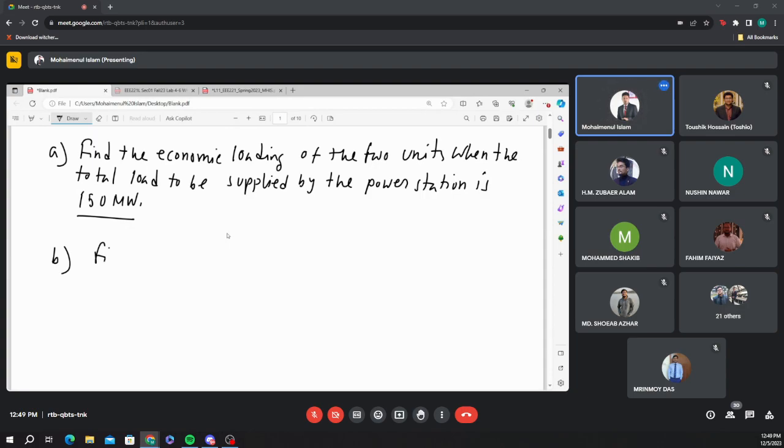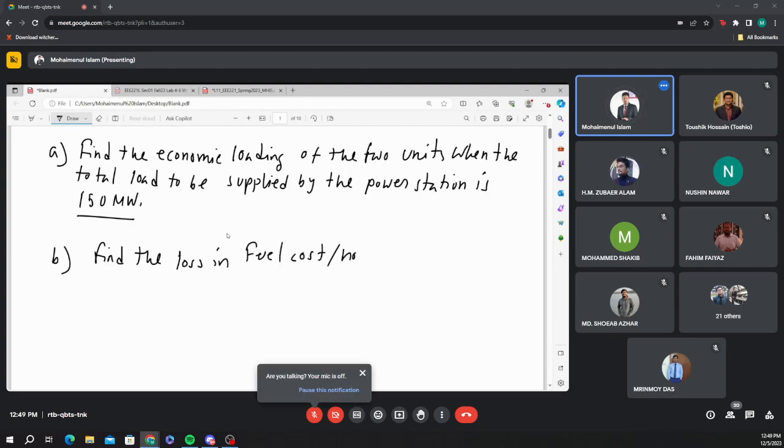That is, the fuel cost per hour if the 2 generators share equal load.